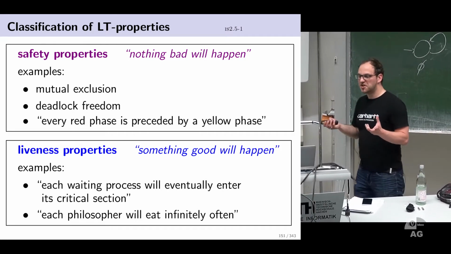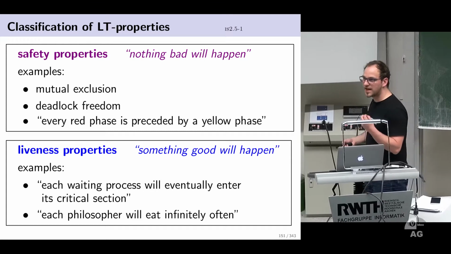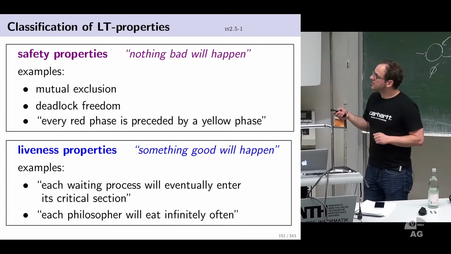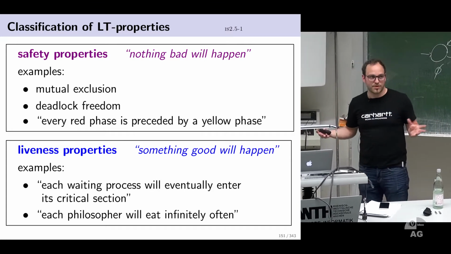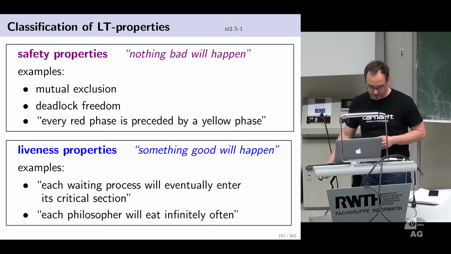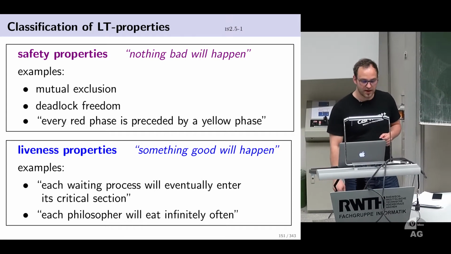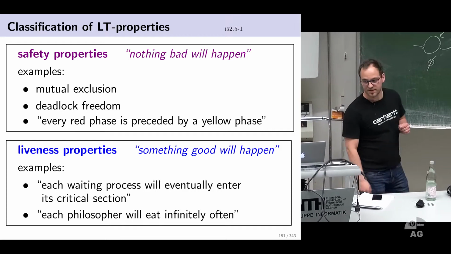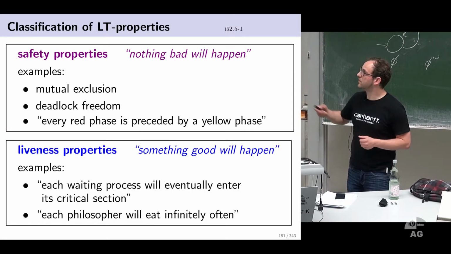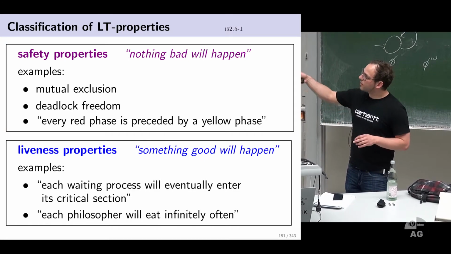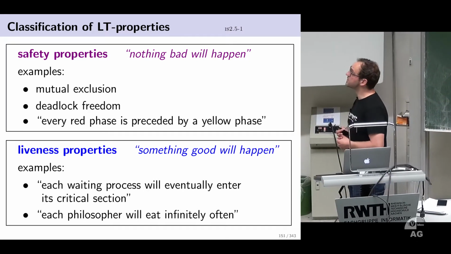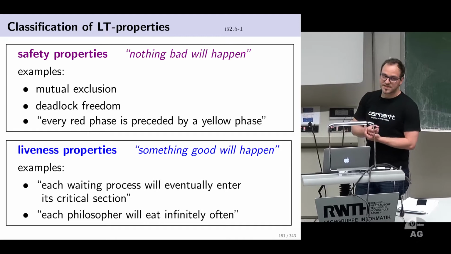It's not about preventing bad behavior or saying this will never happen, but it's about saying what good will happen or what good needs to happen. And similarly, if you think of the exercise sheet, you want the dining philosophers to eat infinitely often. Okay, so these are examples for liveness properties. So let's forget liveness properties for the moment. They will be the topic of the next lecture mainly. And let's come back to safety properties.